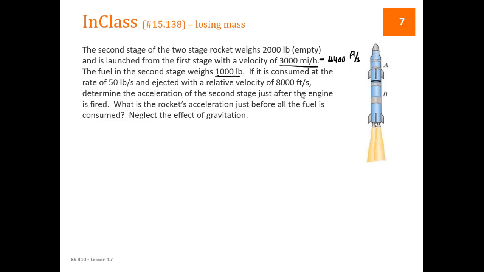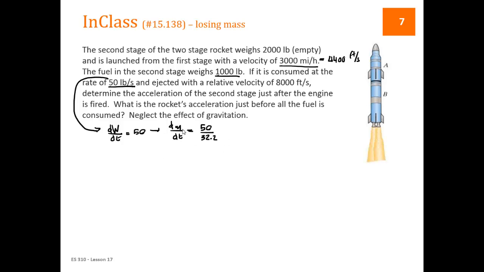The fuel is consumed at a rate of 50 pounds per second. This is a weight rate, and we're used to seeing a mass rate. This would be dW/dt, which is 50. How do we go from weight to mass? We divide by 32.2, so 50 divided by 32.2 would be our mass rate.